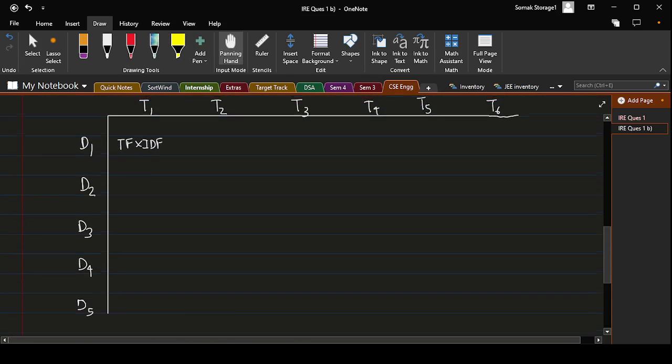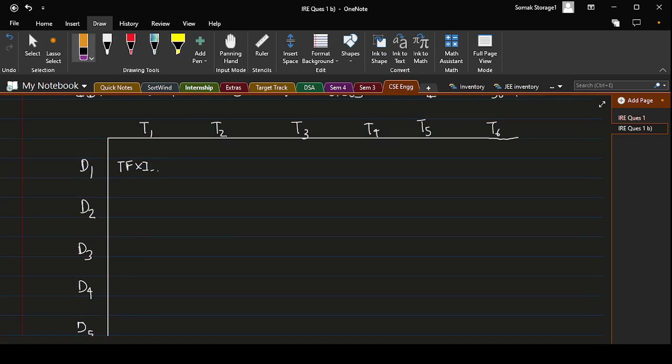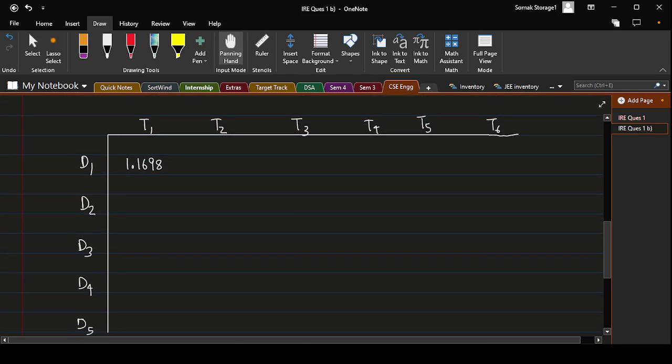So here we need to write this value, 1.1698. Now doing this similarly with all the terms in all the 5 documents, we need to write the TF IDF value, right?